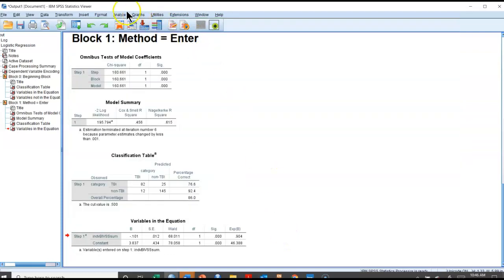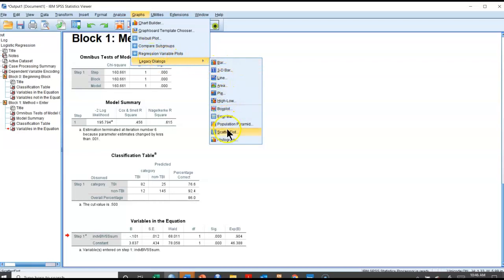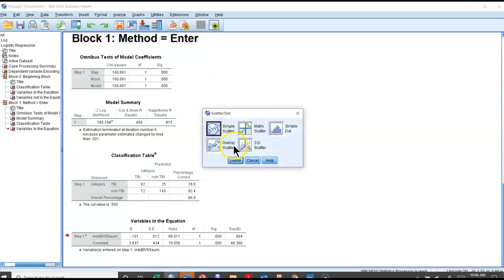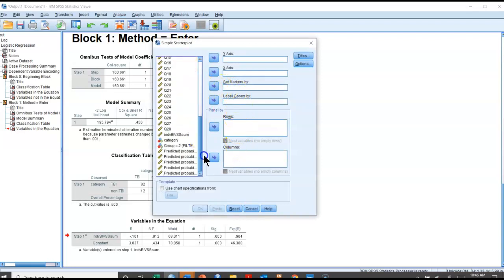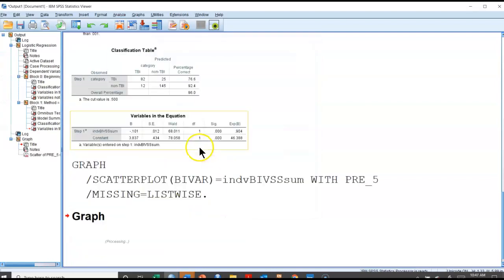So if we come in here, we draw a graph. I'm going to draw a scatter plot. Simple, define. Our y-axis is that predicted probability that we calculated. This is our model probability given the individual BIV score. It looks like this.